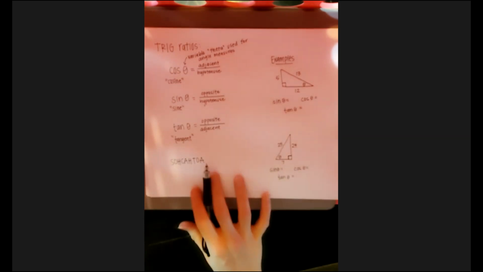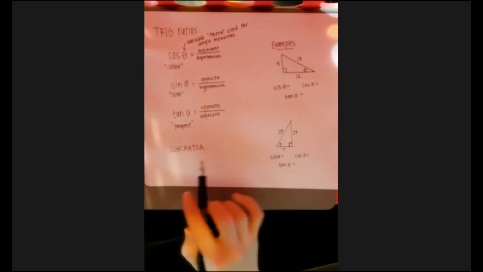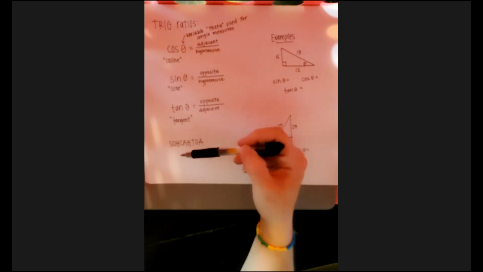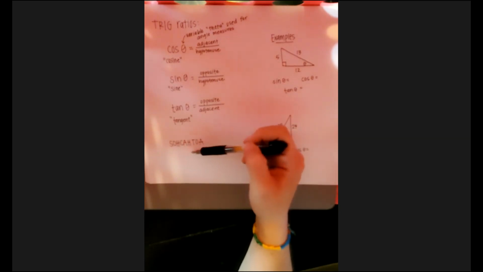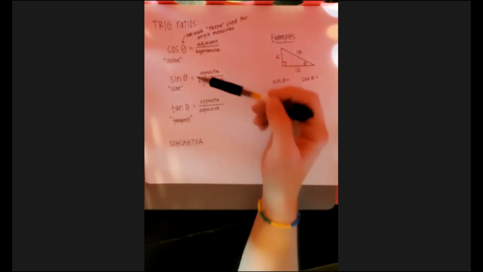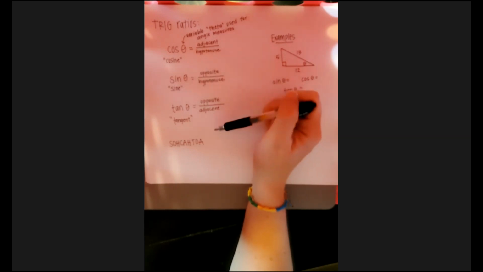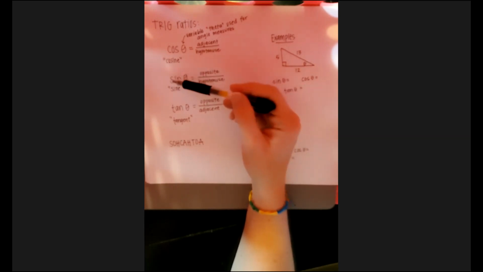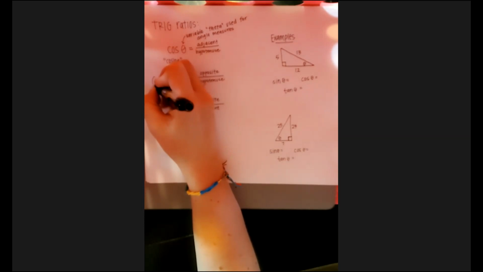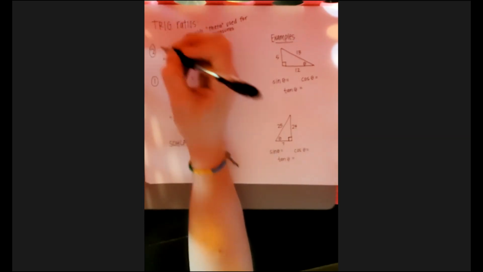So just a really quick example. Oh, and I included down here, sometimes it's helpful to have some sort of a memory device to remember which one is which. Most of the time we talk about sine first, cosine second, and tangent third.